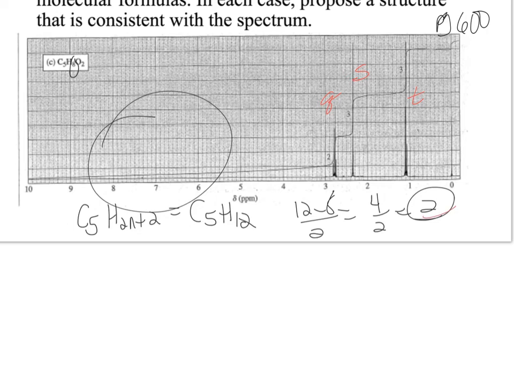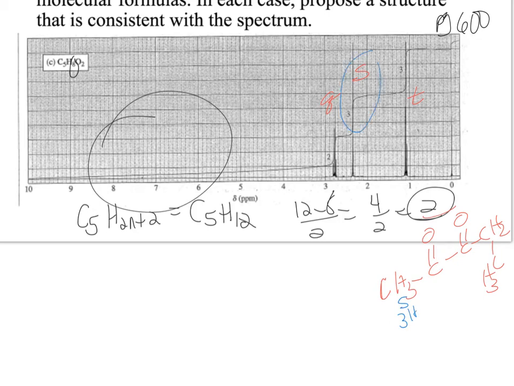And we have 2 units of unsaturation. So a structure that would work would be something like this: CH3, carbonyl, carbonyl, CH2, CH3. When you look at this, this would be a singlet for 3 protons.